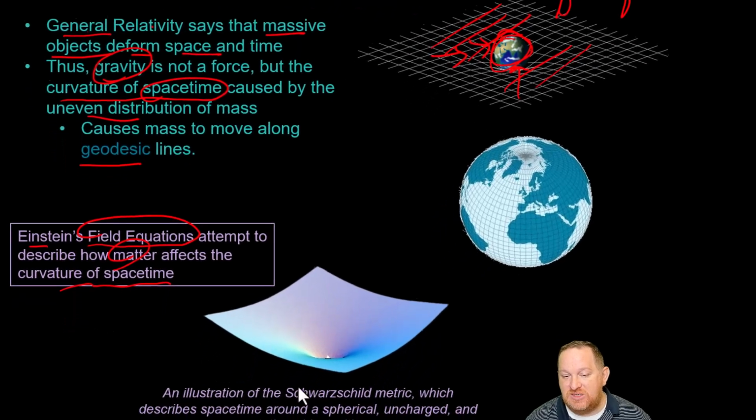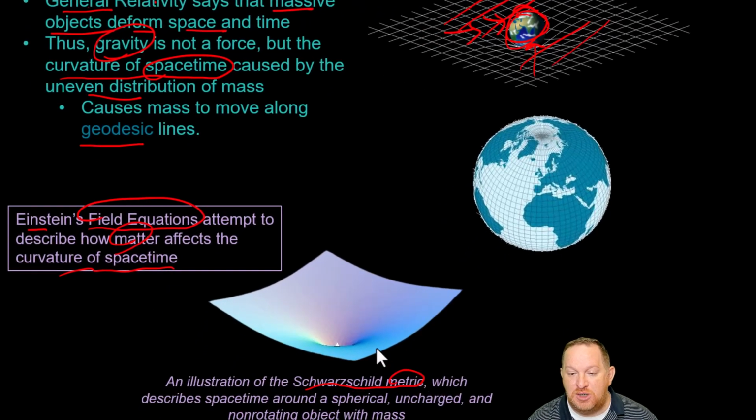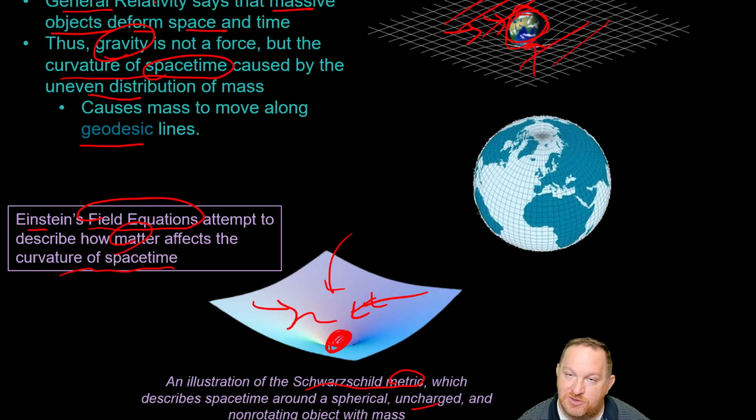And here you see what's called a Schwarzschild metric, which is an attempt to say: this massive object here, this is the geometry, this is the math that actually folds space-time, if it is a spherical, in this case uncharged, non-rotating object, which we don't have many of. So this is really just an illustration.